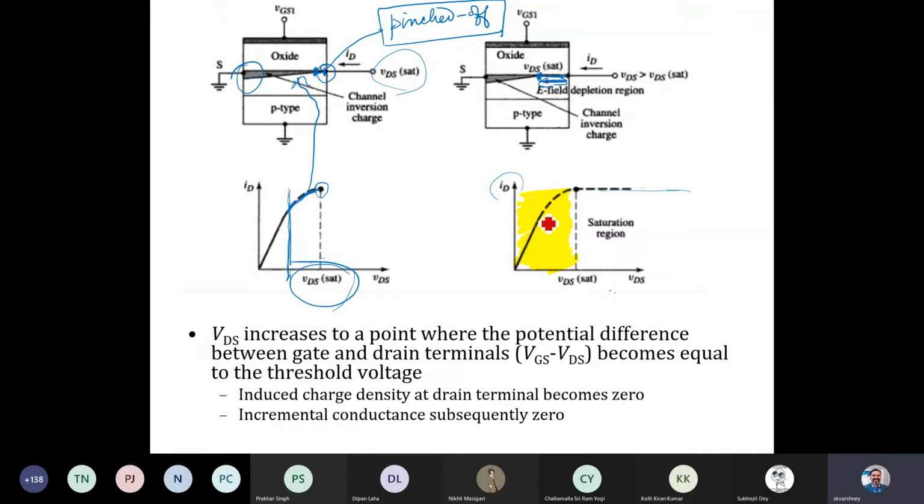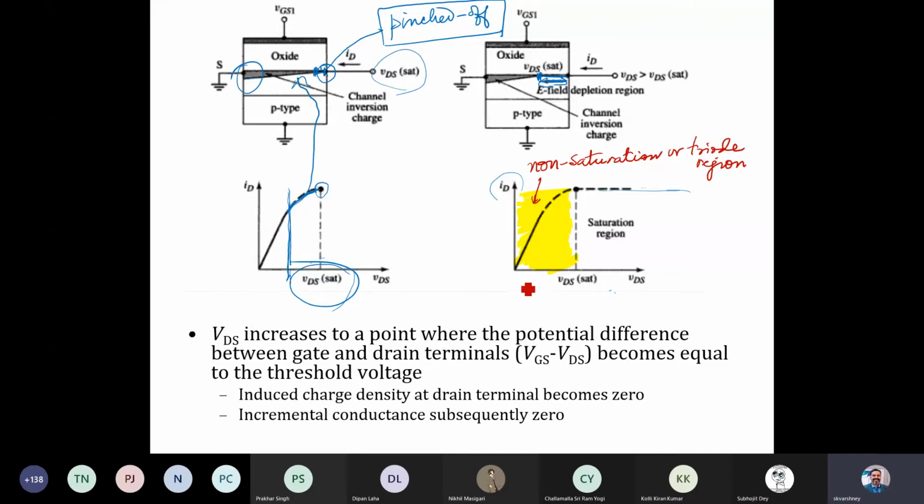So this region is called the non-saturation or triode region, right?